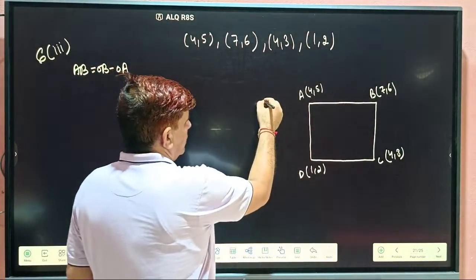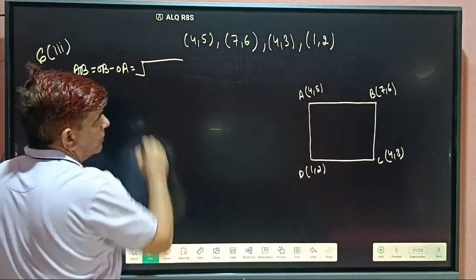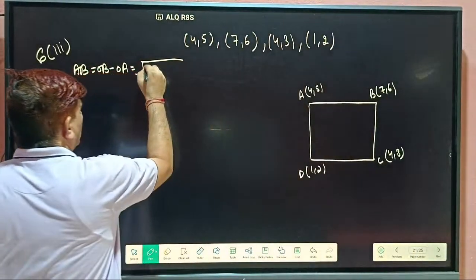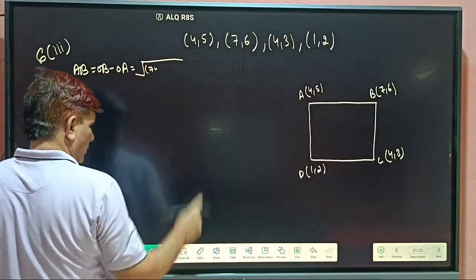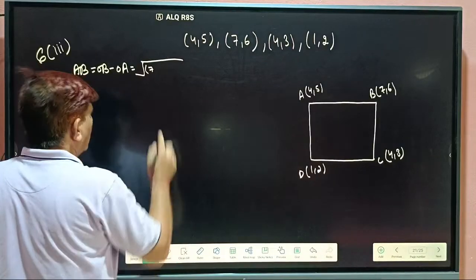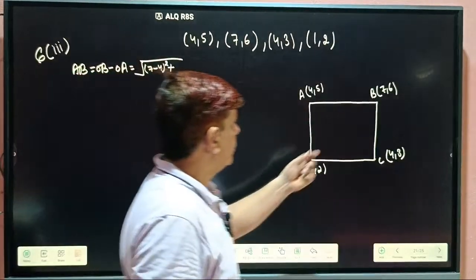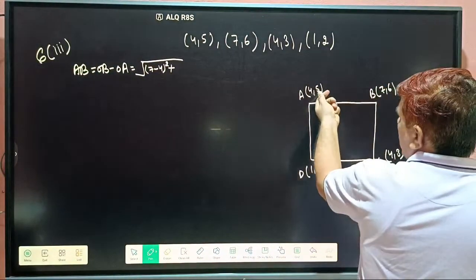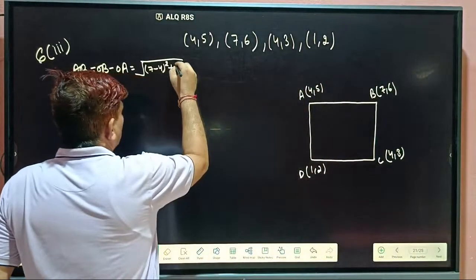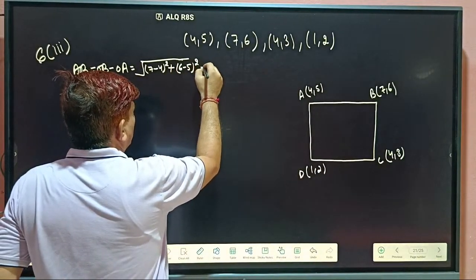So if this is the origin, AB is equal to under the root 7 minus 4 whole square plus y coordinate of B 6, y coordinate of A 5, 6 minus 5 whole square.